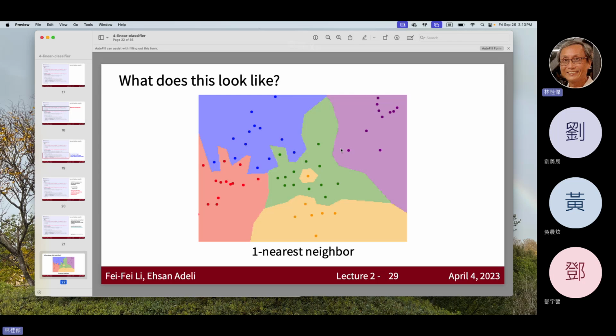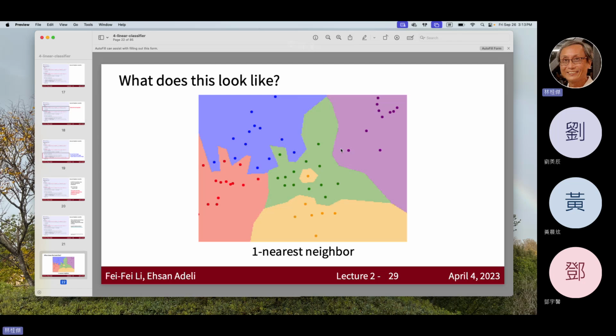This is what we call the boundary, which is defined by your original training set. When you have a new input, you simply put the dot and see which particular color it falls into. If it falls into that particular area, then we will say, oh okay, it's going to be a green class.